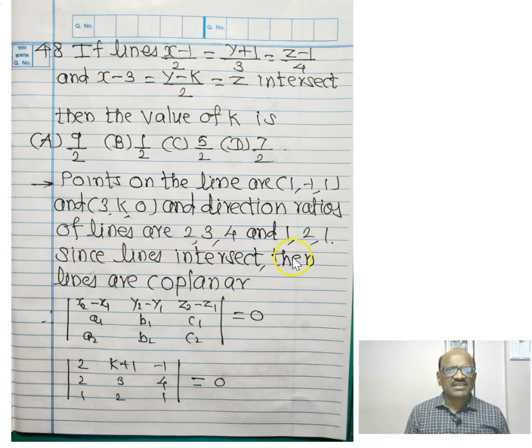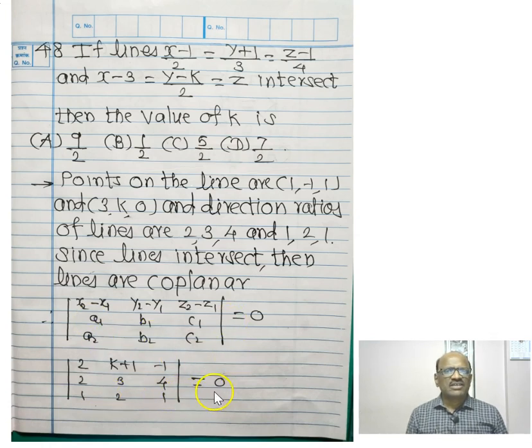Since the lines intersect, the lines are coplanar. It must satisfy the condition of coplanarity. Therefore, with the points x1, y1, z1 and x2, y2, z2, we take x2 minus x1, y2 minus y1, z2 minus z1, and next their direction ratios a1, b1, c1 and a2, b2, c2.